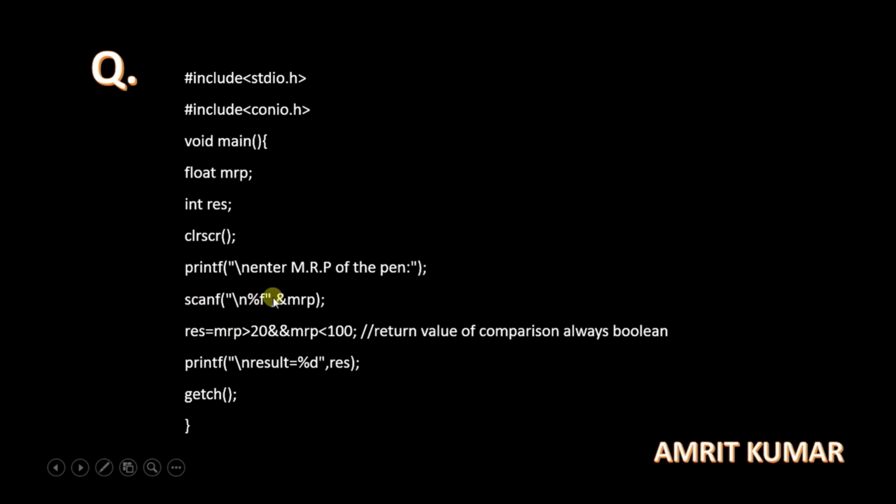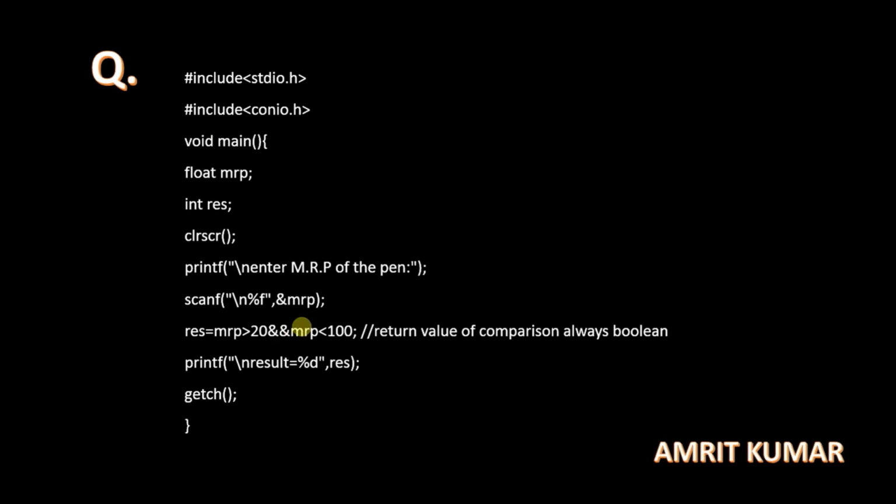After accepting the value, we use res equal to MRP greater than 20 and, that is the logical AND operator, MRP less than 100. It will return the comparison values always as booleans, as we have studied, because the logical operator is going to return the value in boolean form, that is either 1 or 0.